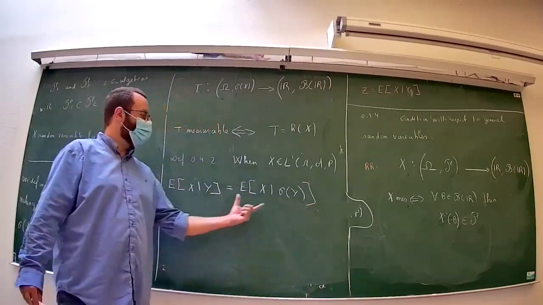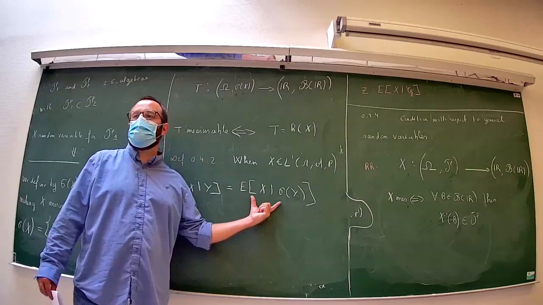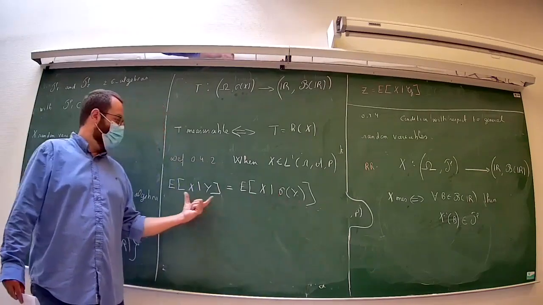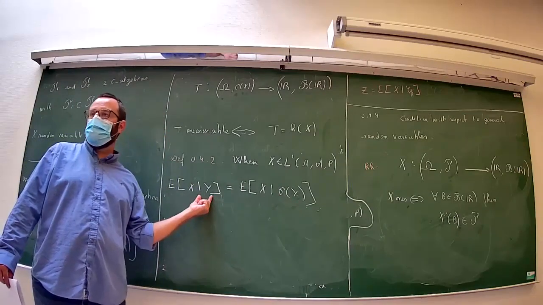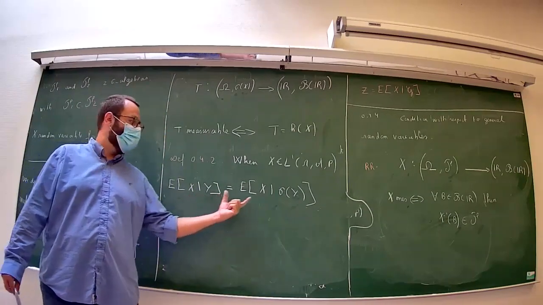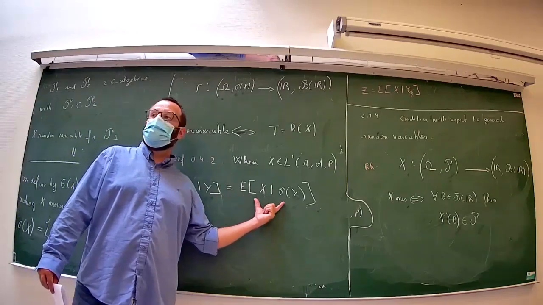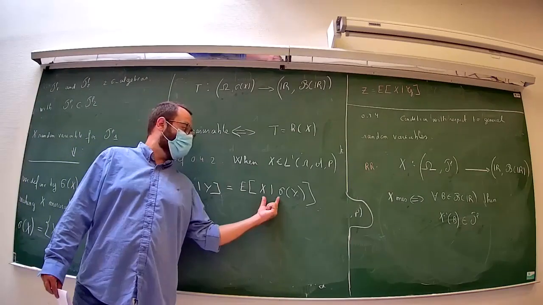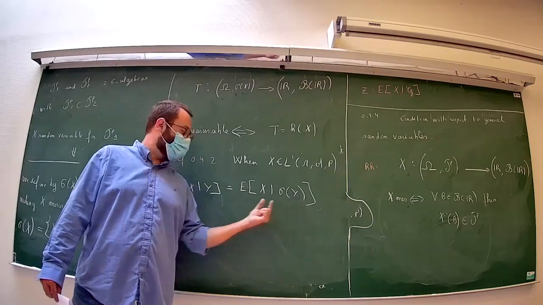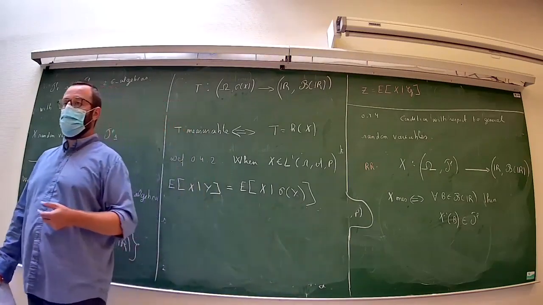So you have in the previous definition the definition of the conditional expectation with respect to a sigma algebra. If you have a random variable here, the definition of the conditional expectation of X given Y is just using the previous definition, the conditional expectation of X given the smallest sigma algebra that makes Y measurable.